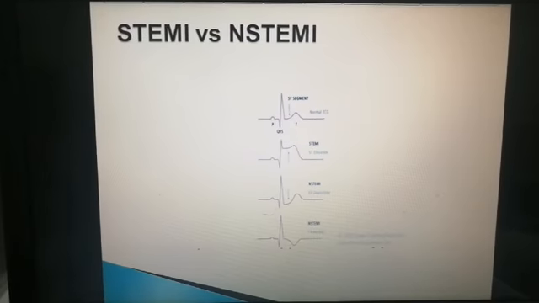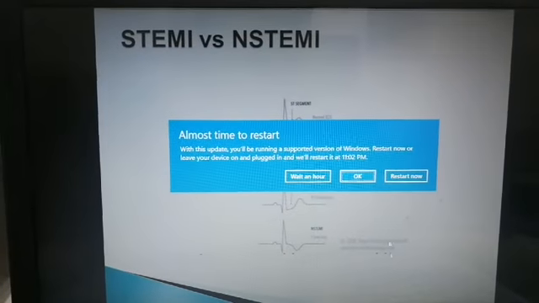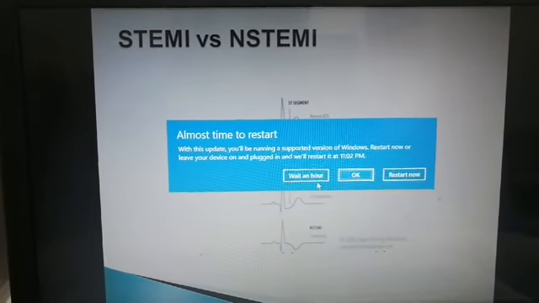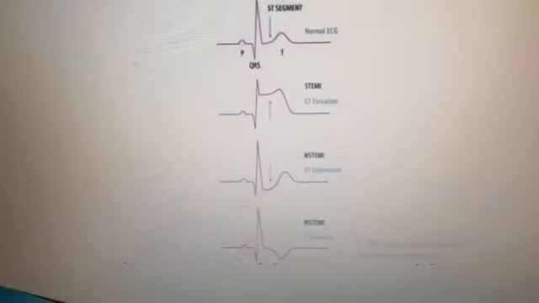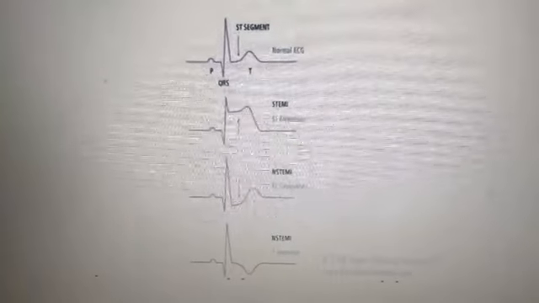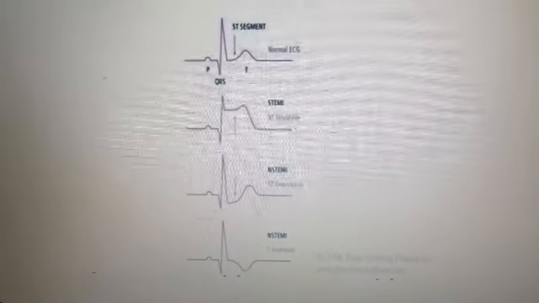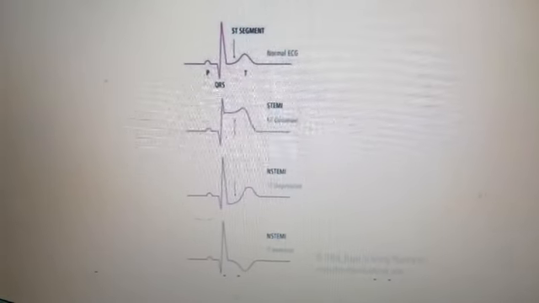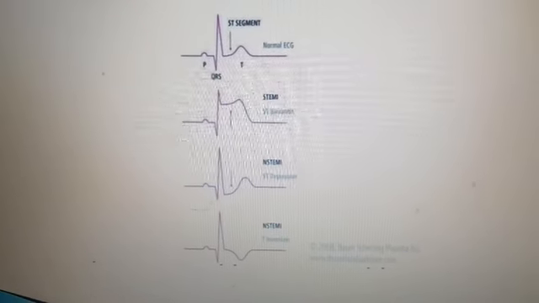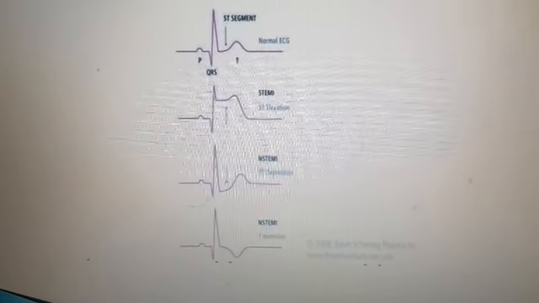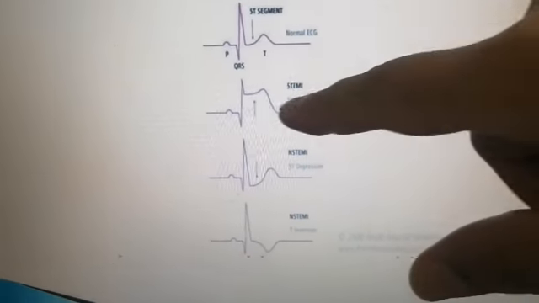You can also see here STEMI and non-STEMI. The first diagram is normal ECG, then STEMI. You can see here the ST segment is elevated.